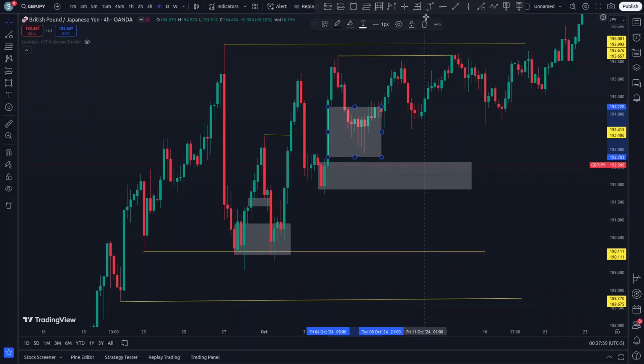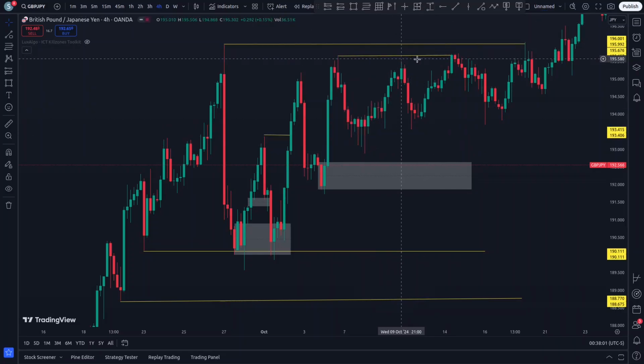The next liquidity target. So market comes to this high, creates this high. This is what we call a liquidity trap. When market goes to this high, it traps traders. Some traders think that maybe the market is not going to get to this level.